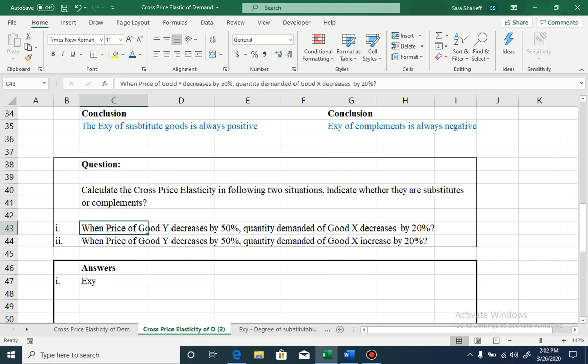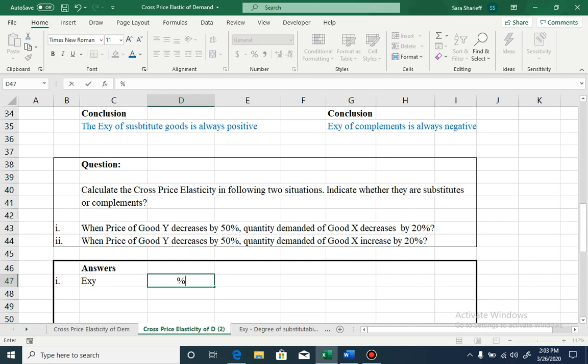Let's do part number 1 first. When price of good Y decreases by 50%, quantity demanded of good X decreases by 20%, right? Write the formula for cross price elasticity.